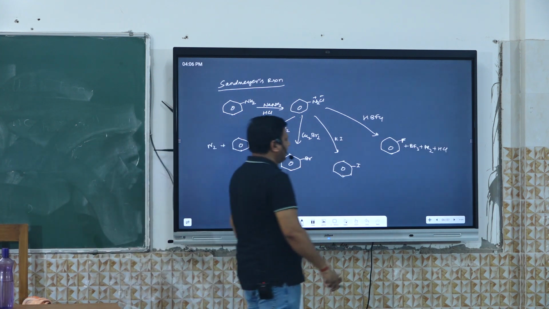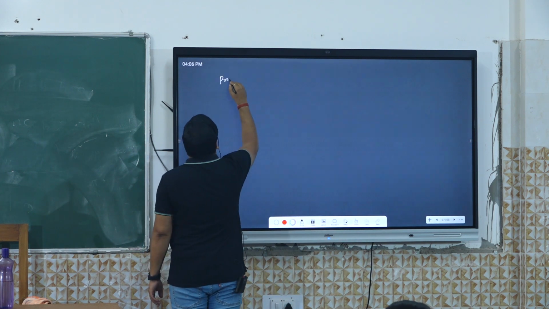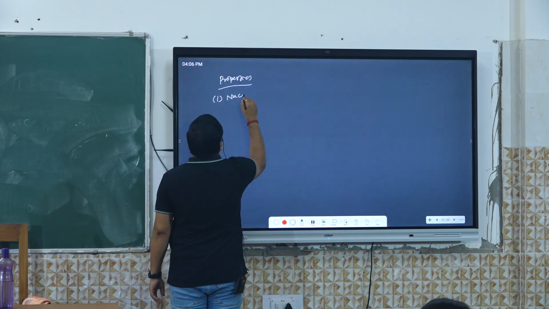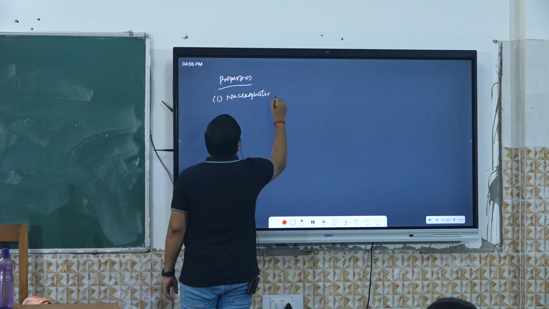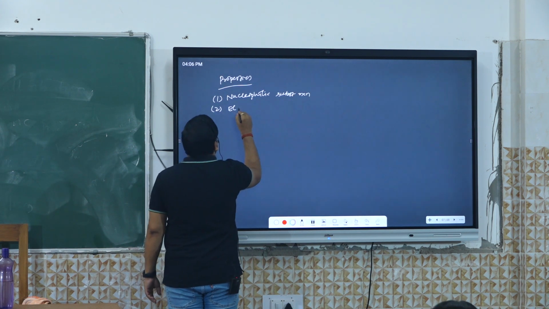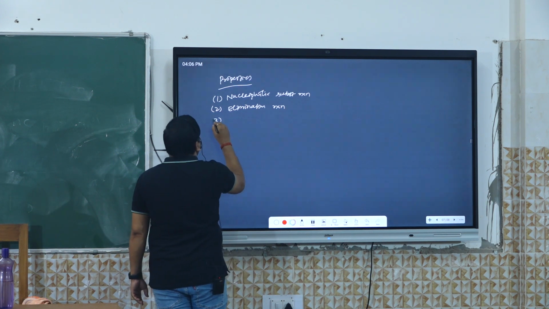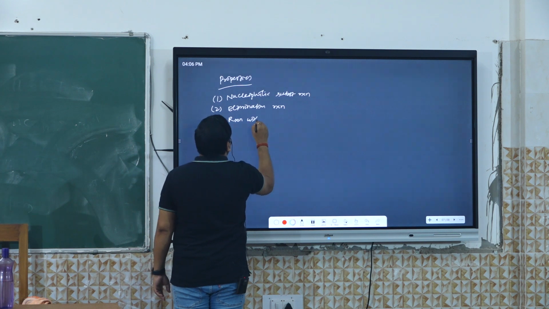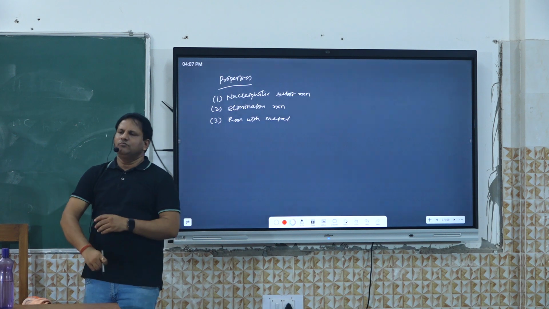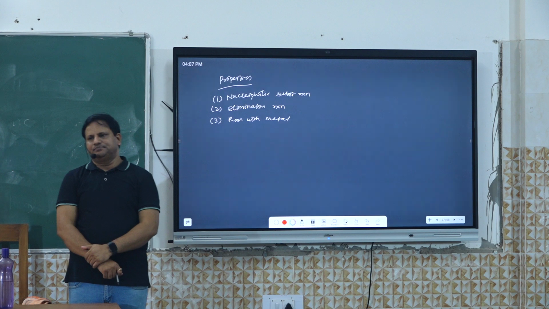Properties of haloalkane. So there are 3 major reactions: nucleophilic substitution reaction, second, elimination reaction, third, reaction with metal.